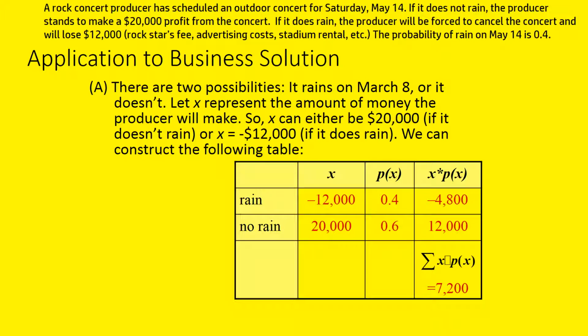So one of the possibilities is that it rains on March 14th, and the other event is that it doesn't. 2 events. Let X represent the amount of money the producer will make in profit. So x can either be 20,000 if it doesn't rain, or x equals negative 12,000 if it does rain. So those are the two expectations for the events rain and no rain, respectively.